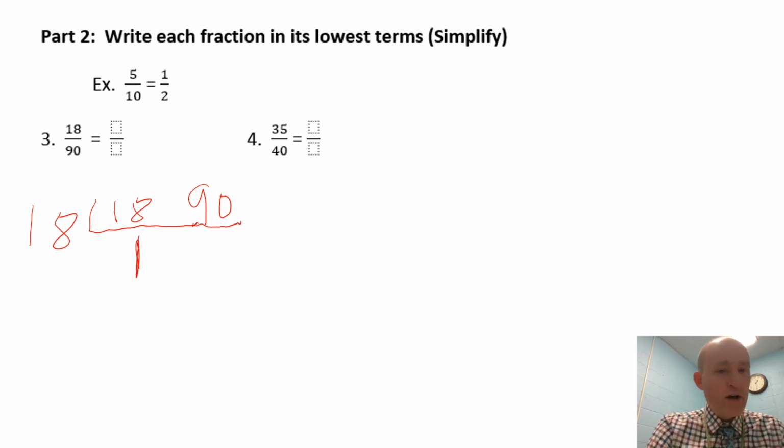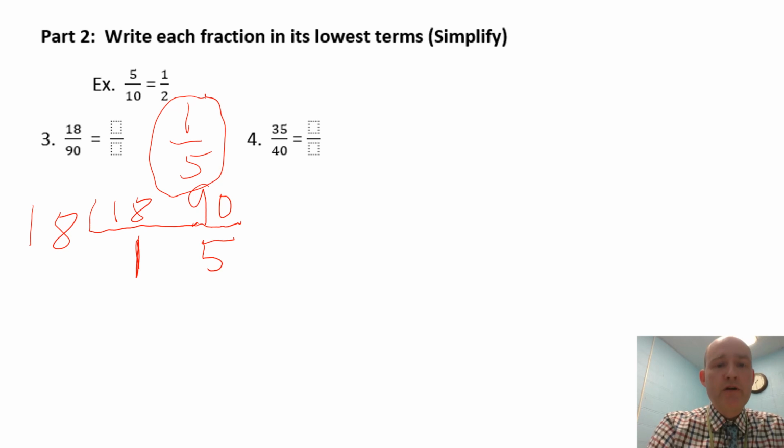But what is 90 divided by 18? If we use a calculator or figure that out, it's 5. Now what is my fraction that I am left with? I am left with 1 over 5. Again, dividing the smallest into the biggest number is the quickest way to see if you can factor.